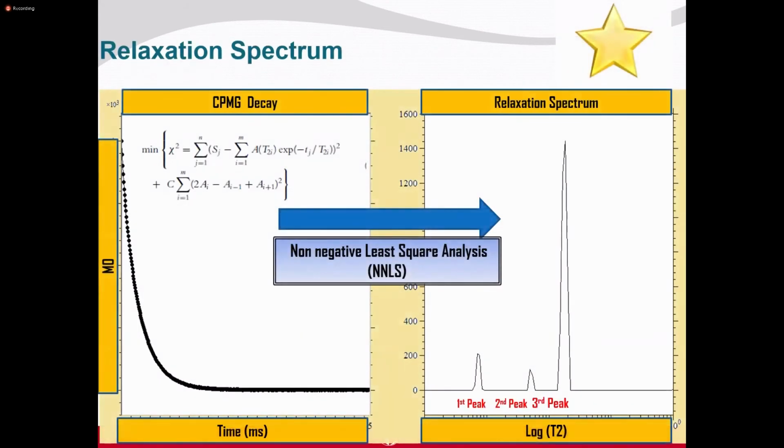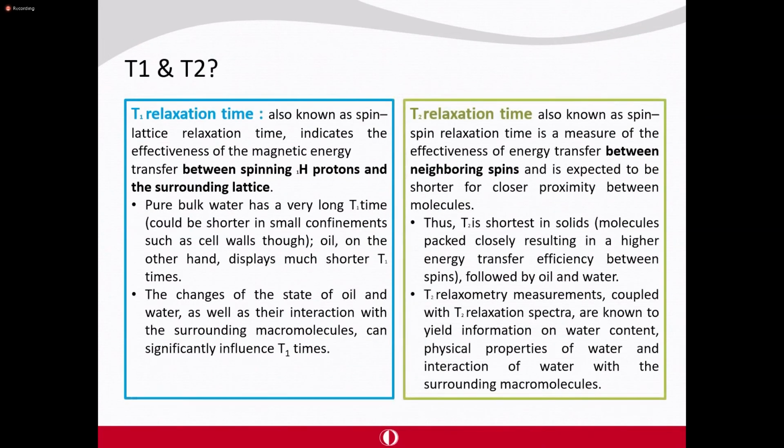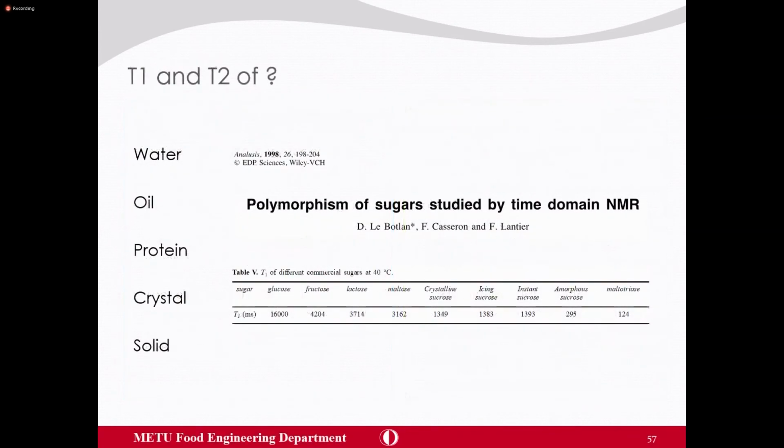So what I showed you here is a relaxation spectrum, or relaxation spectra for multiple ones. T2 relaxation spectra are known to yield information on water content and the physical properties of the water with the surrounding molecules. T1 and T2 of water, oil, crystals, and solids could also show differences, especially in the case of T1.